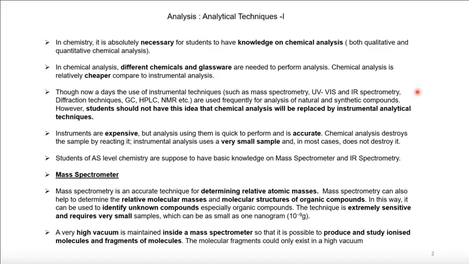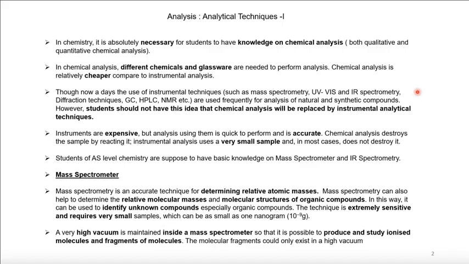Yes, we know very well now the modern chemistry, we use instrumental techniques to analyze natural and synthetic compounds. But you see, the instrumental techniques means there are some instruments which you use to analyze these natural and synthetic compounds.